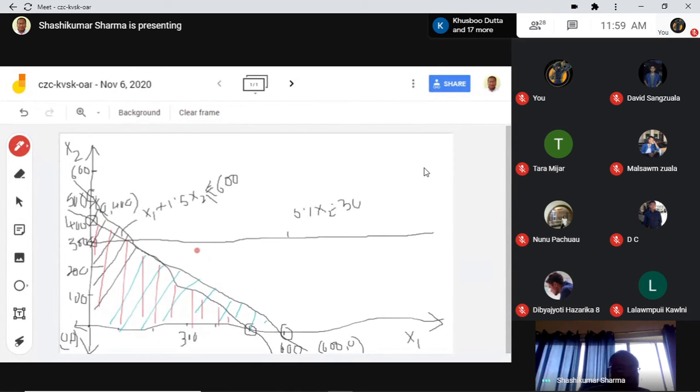Now for the last one, when x1 and x2 are 0, 0, 0 is less than 30, so again the region here is shaded. Let me shade by another color. I'll use this green color and shade all these regions again.